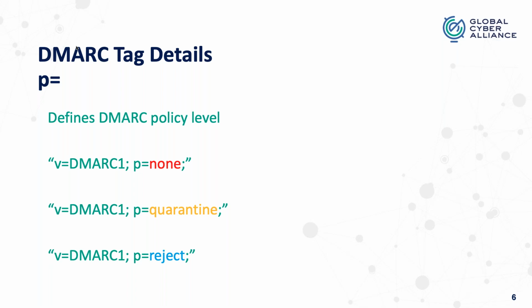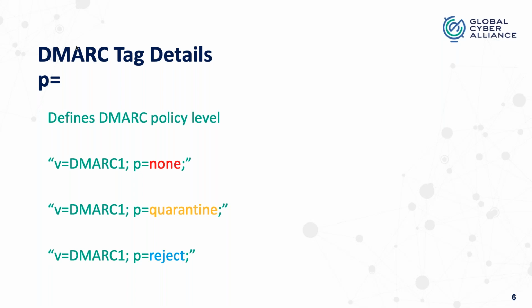What does a DMARC policy at none do? It's just saying there's a DMARC policy, but treat the messages like you normally do. Don't do any level of enforcement to them in any way, right? And you're also not getting the reports. There are additional tags that you need in order to get reports, and I'm going to talk about those in the next slide.